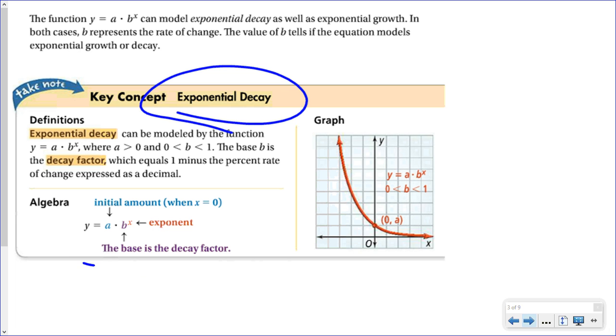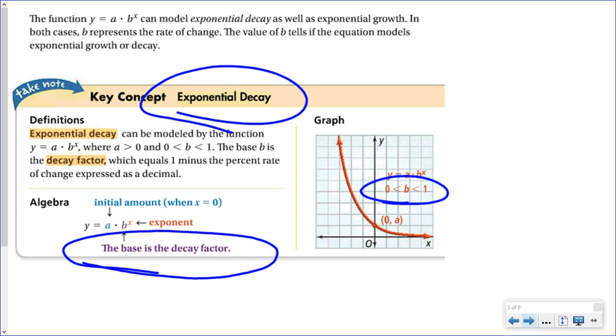Here's the only difference: your decay factor in this case is between 0 and 1. That's why we should put this part right beside it. So your B value is going to be between 0 and 1.